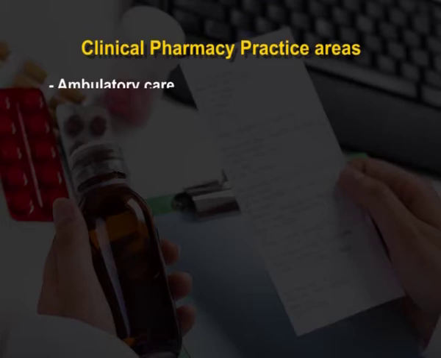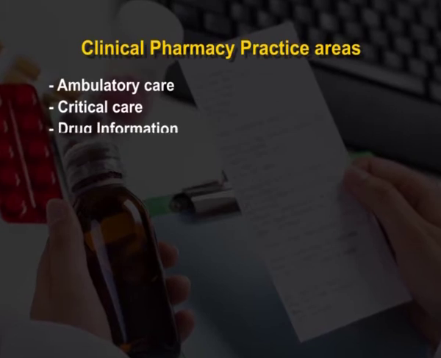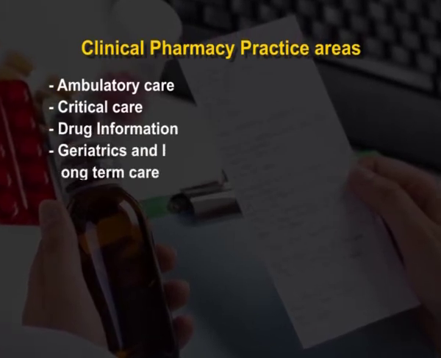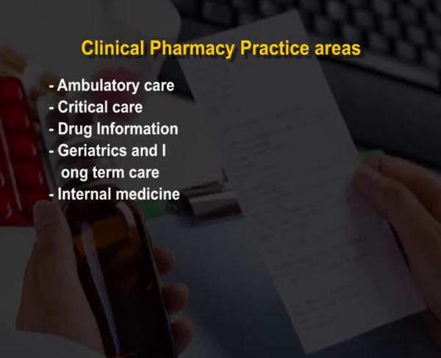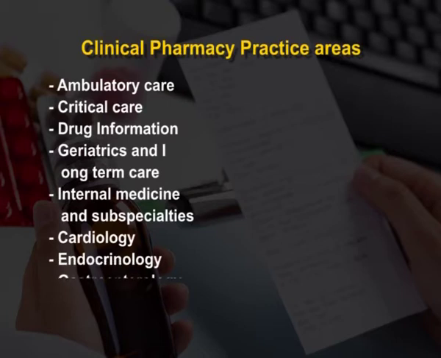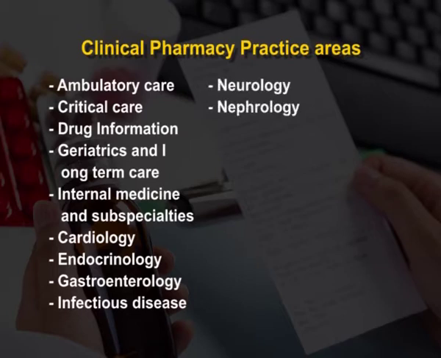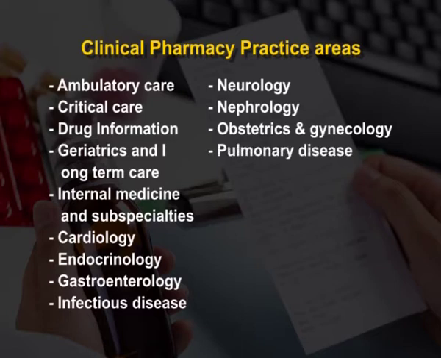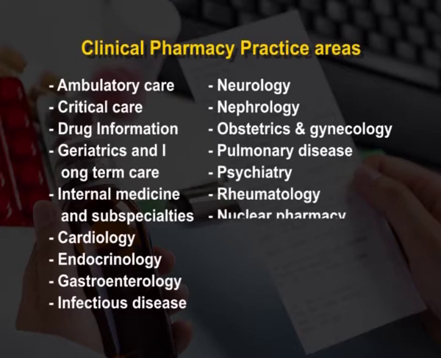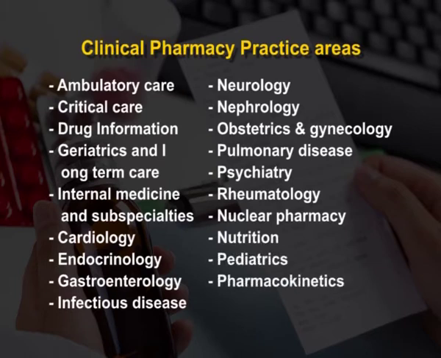Clinical pharmacy practice areas: ambulatory care, critical care, drug information, geriatric and long-term care, internal medicine and subspecialties, cardiology, endocrinology, gastroenterology, infectious disease, neurology, nephrology, obstetrics and gynecology, pulmonary disease, psychiatry, rheumatology, nuclear pharmacy, nutrition, pediatrics, pharmacokinetics, surgery.